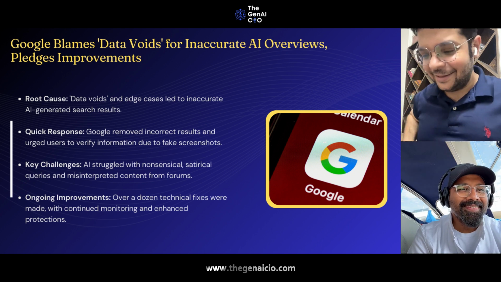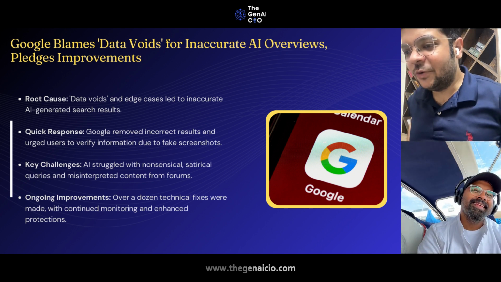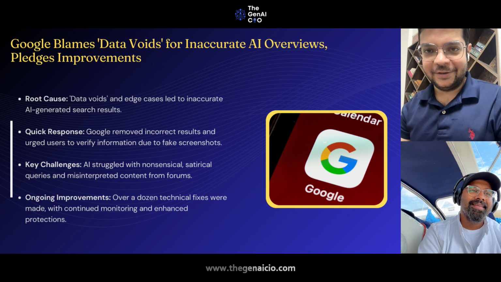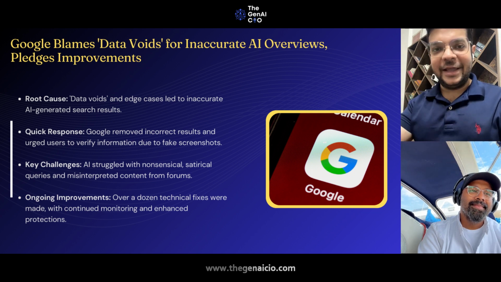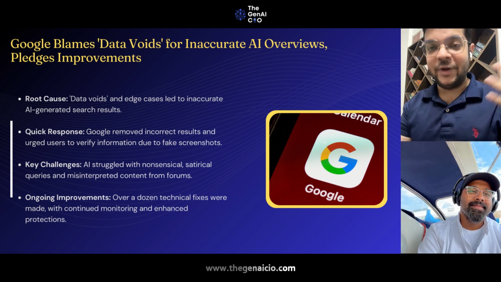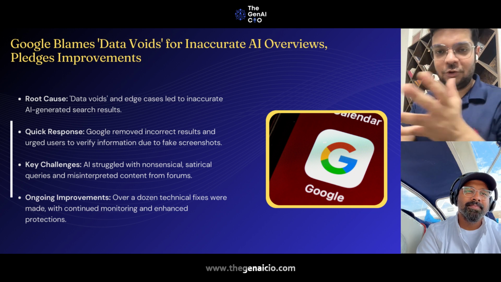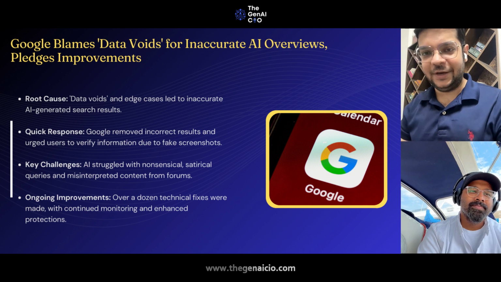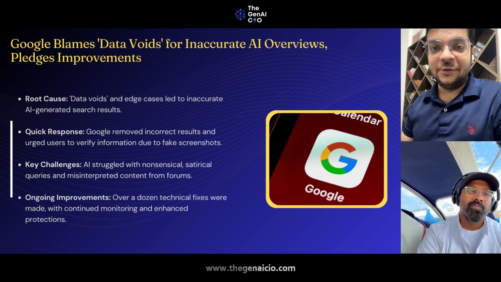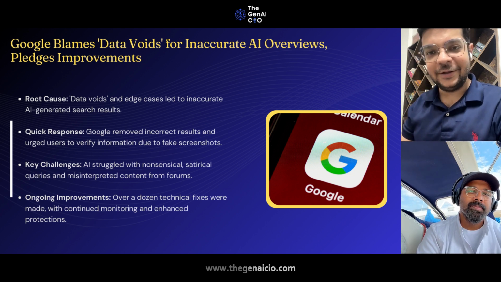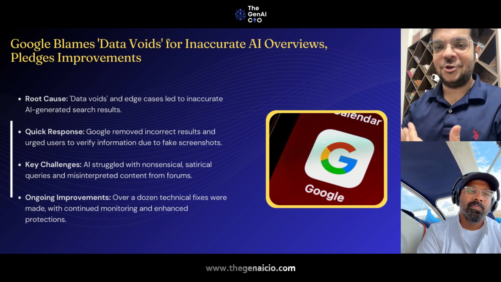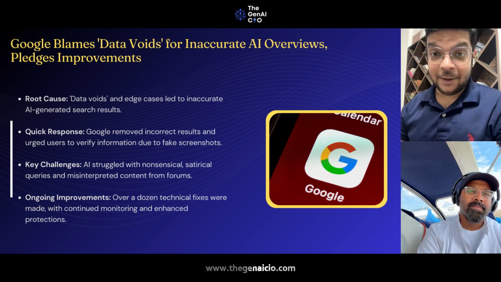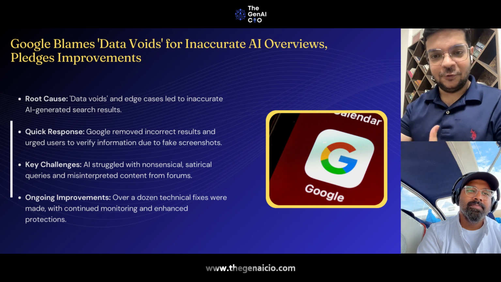Another issue was that since it's using web-based data, when you are getting into links, as a human you can decide what information to use and what not to use. But the model is not able to do that. In one of the use cases, the user had asked who's the first Muslim president of the United States, and it actually said Obama, because that's a myth that was floating around.